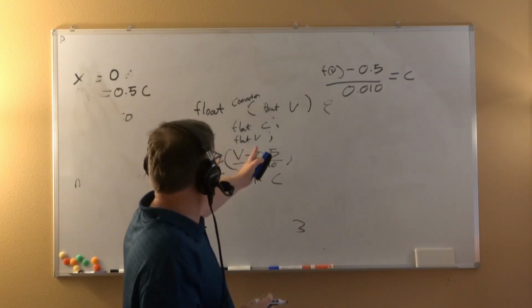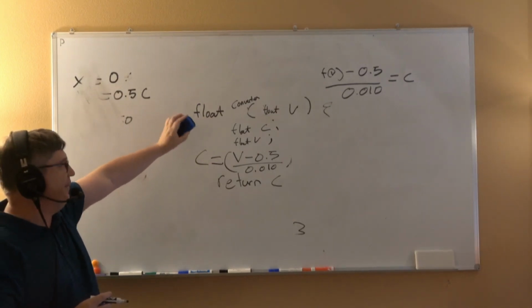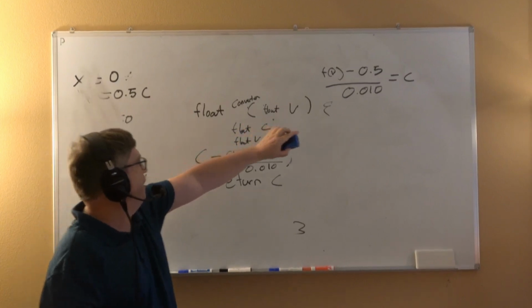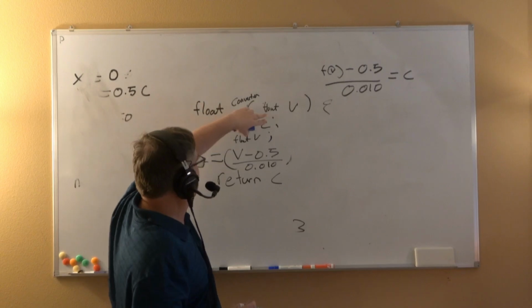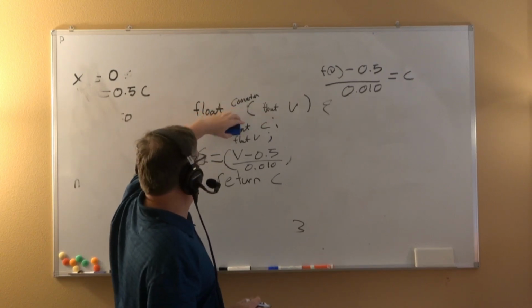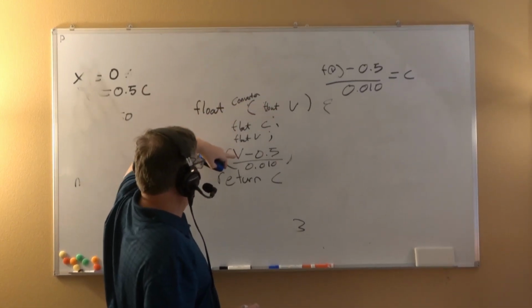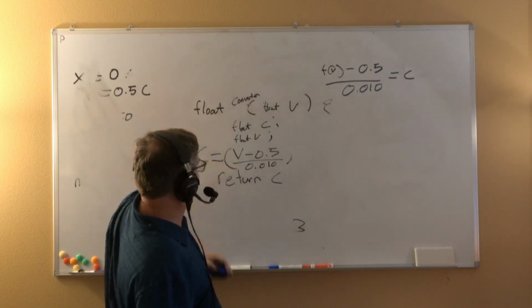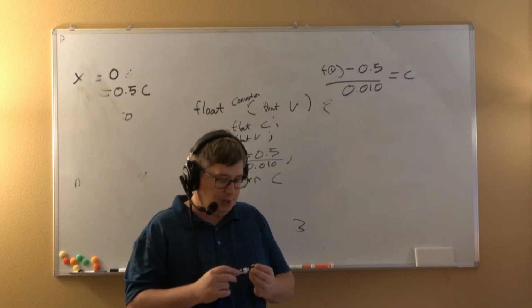So that's what we're going to put in our function. Okay, it's a little bit sloppy, but this is what we're going to put as a function. So it's going to come in. We declare two variables here, or we could just do one. The V is going to go here, and it's going to convert this into Celsius. It's going to return that as a float, and we're going to call it conversions. So I'll see you on the next section.